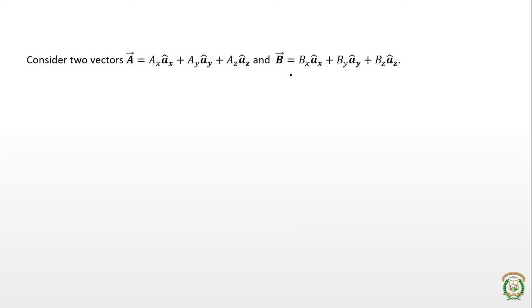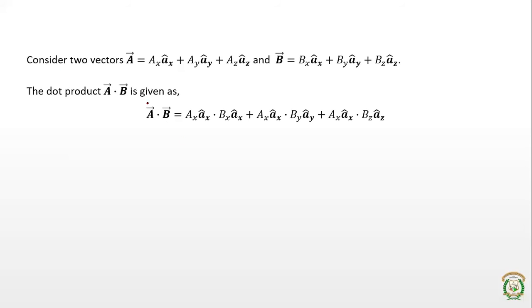We have vector b, which is bx plus by plus bz. Now we want to find the scalar product or dot product of a and b. So if you want to find the dot product here, you do not know the angle between them, so you cannot use magnitude of a, magnitude of b, cos of the angle between them.